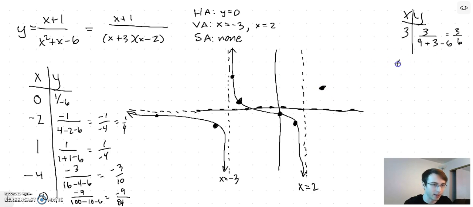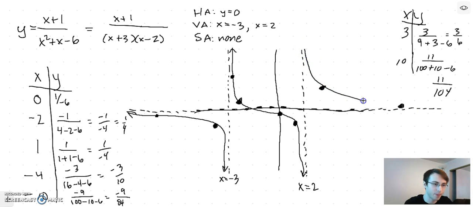If we plug in like 10 for x, then we get 11 over 100 plus 10 minus 6, so that's 11 over 104, so that's a little bit lower, so we're here. So then we see it's going to look like that.